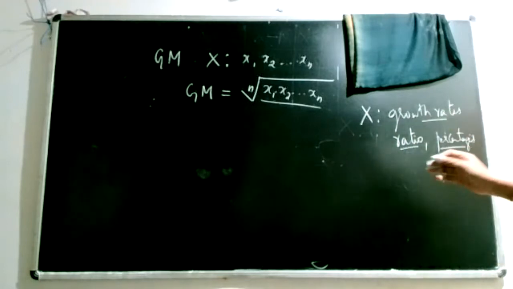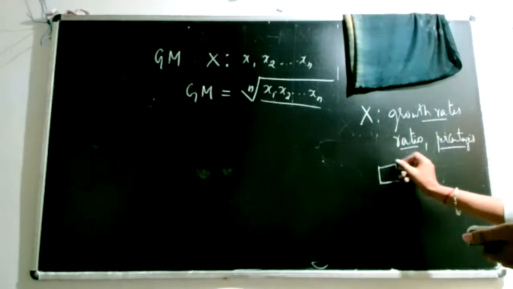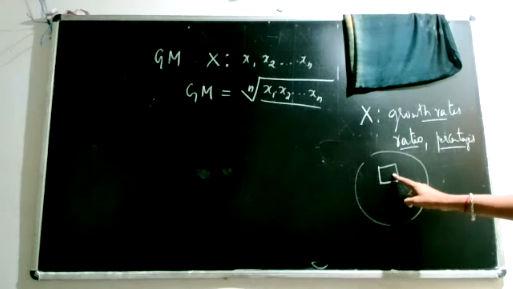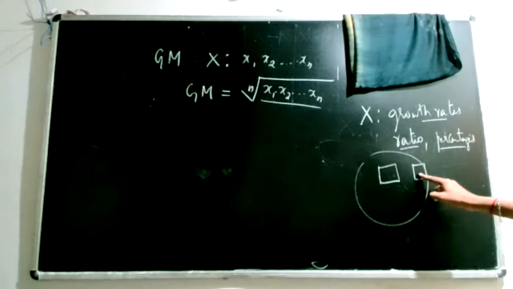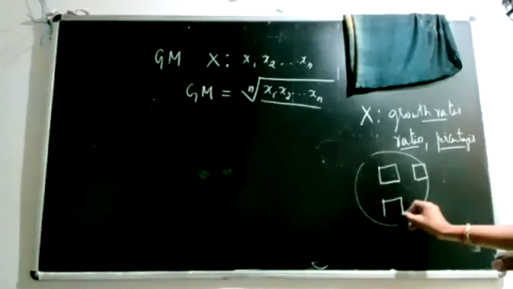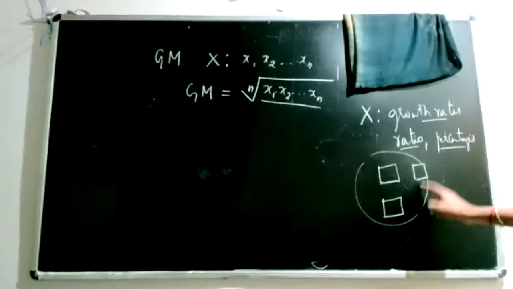So if you talk about the count of bacteria per square centimeter in your experimental plot, the count could be in terms of lakhs. So you could have certain plots where the count is in hundreds, certain plots where the count is in lakhs, and certain cases where the count is in thousands. So you have extreme values.